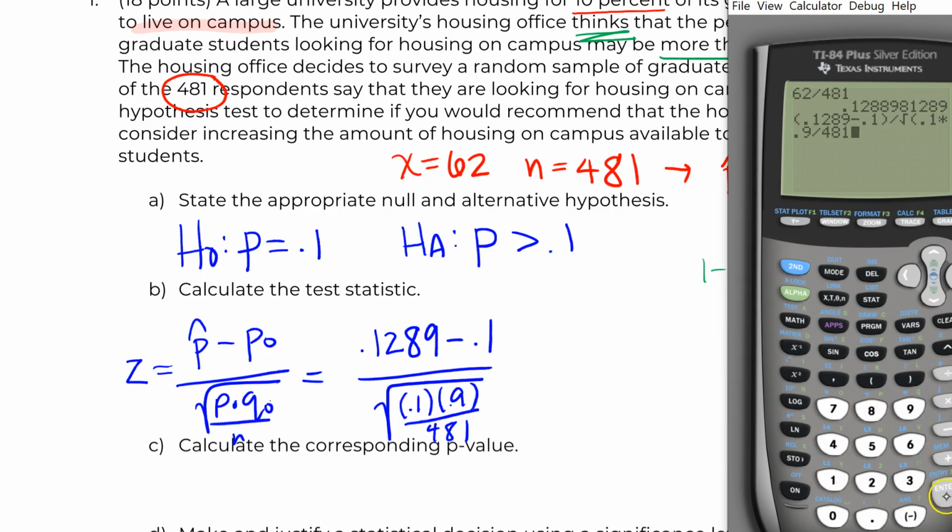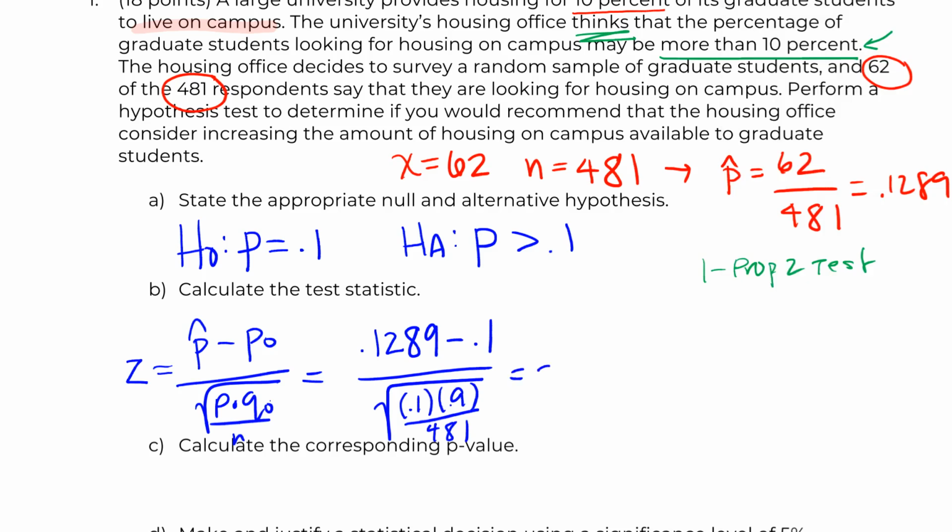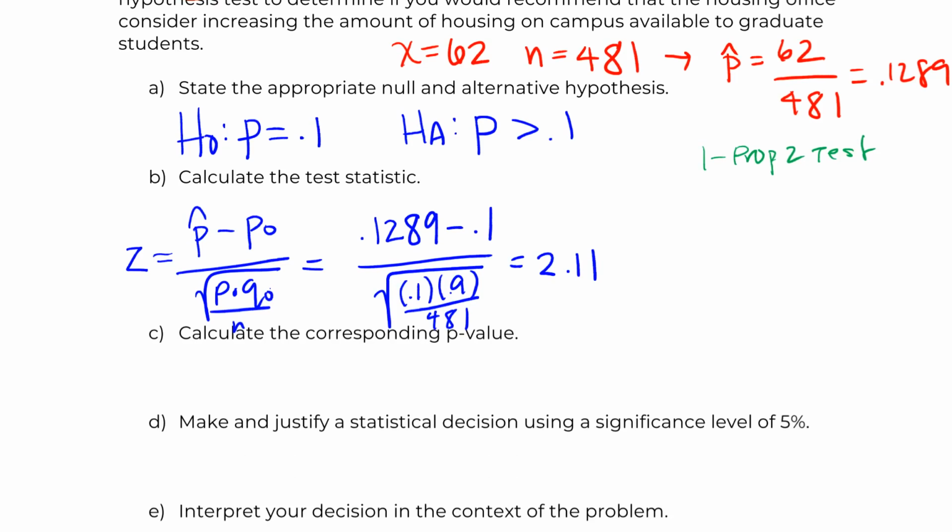It looks like we should get a z-score of 2.11, which is completely fine to round to 2 decimal places since that's the best we can do in the z table.